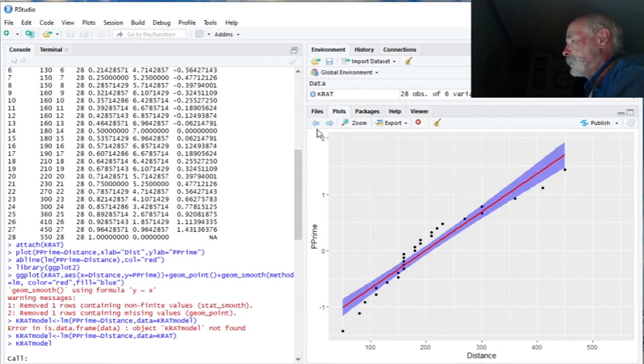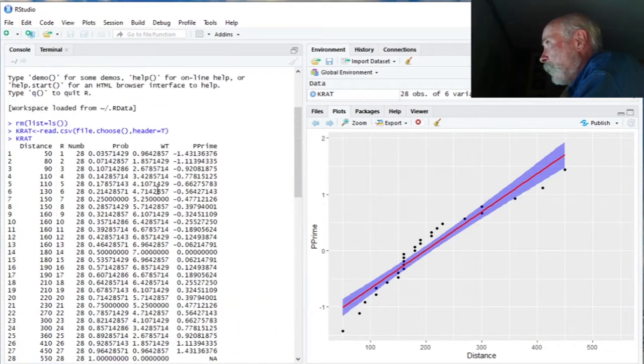So there you can see the red line and the 95% confidence bands around the line. And the other thing that I want to draw your attention to is the fact that these are the actual points here, and they don't fit that line particularly well. And that's one of the reasons why I have this column over here that's labeled WT.